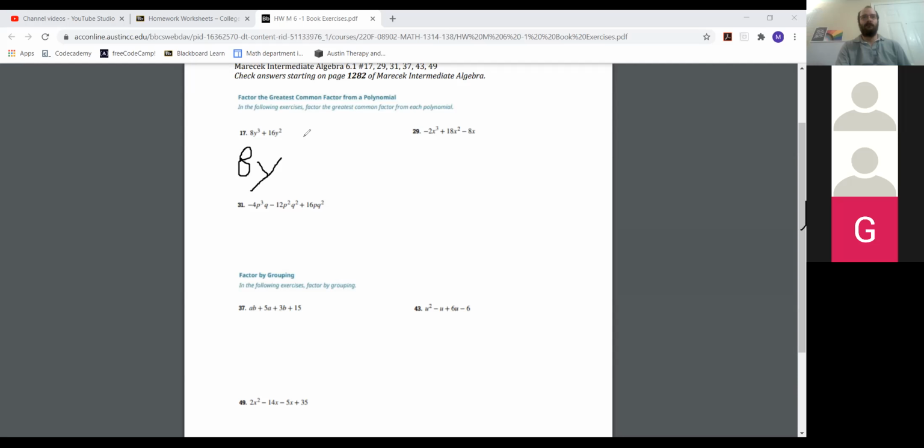Well, I just did this one, and I ended up with 8y squared, and then y plus 2. Yeah, so you want to pull out a y squared, and then you get y here. You're dividing this by 8y squared to get y to the first, plus 2.